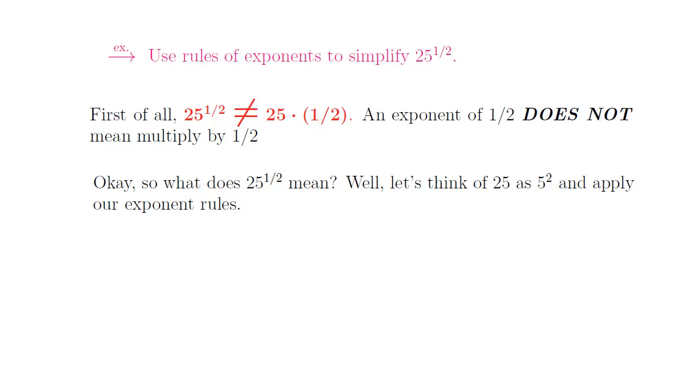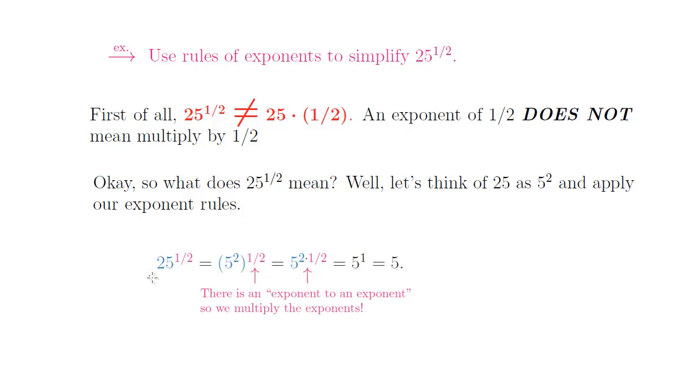Well, let's break it down and think of 25 as 5 squared and then apply exponent rules that we're familiar with. Note, 25 to the 1/2 is equivalent to 5 squared raised to the 1/2 power, because 25 is 5 squared, right? Now, the rules for exponents tell us that when we have a power raised to a power, we multiply those powers.